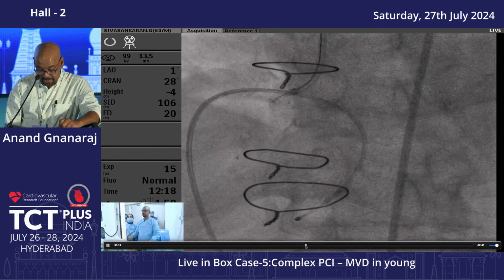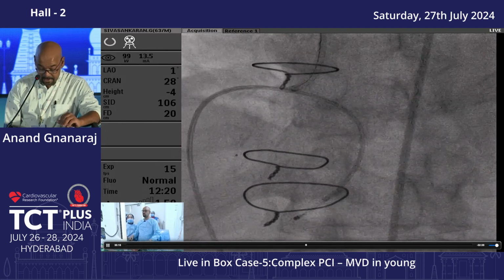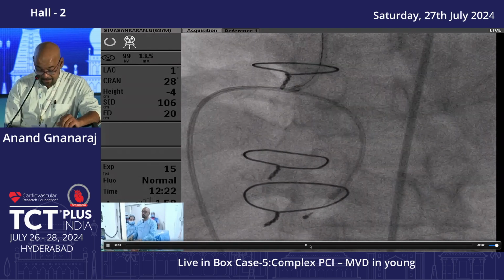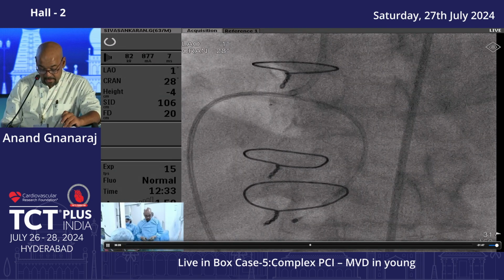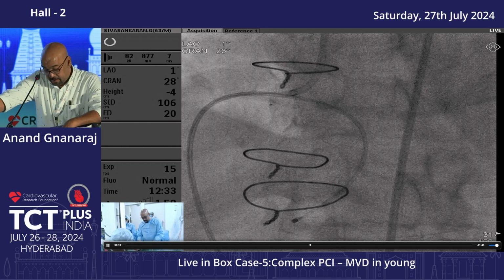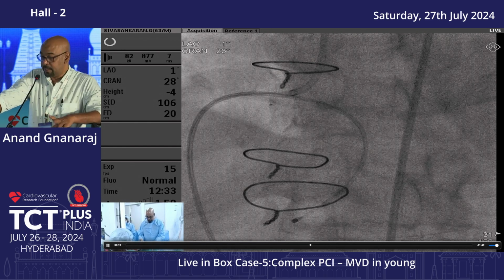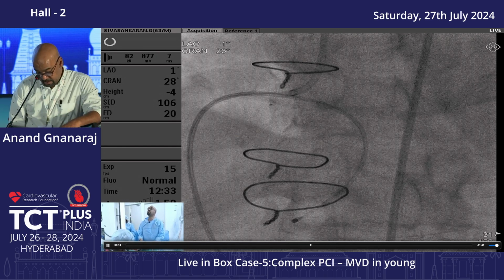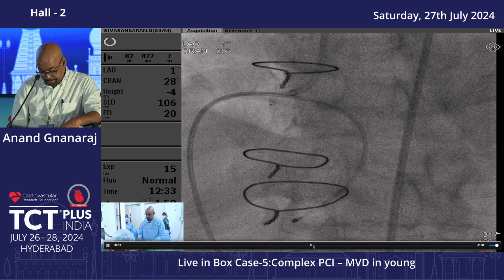We're again going in with the fine cross because that Corsair was damaged by the calcium. So again I lost the wire, because every time I push, the whole thing would come out. And there was not a great point to anchor there.